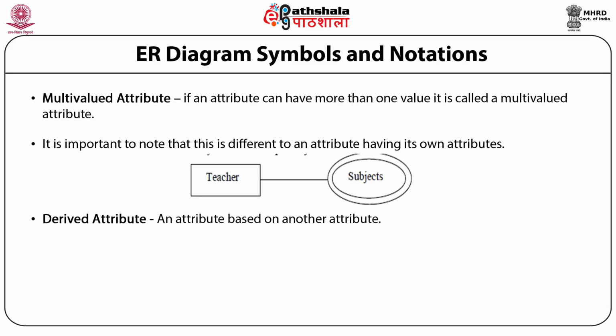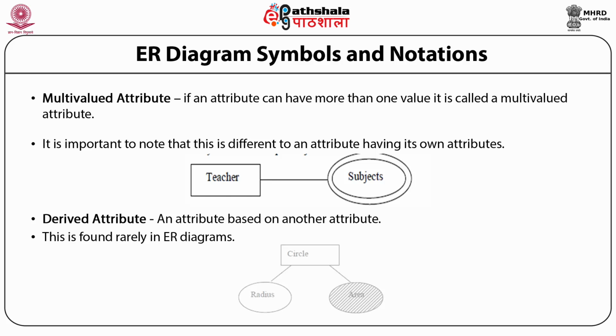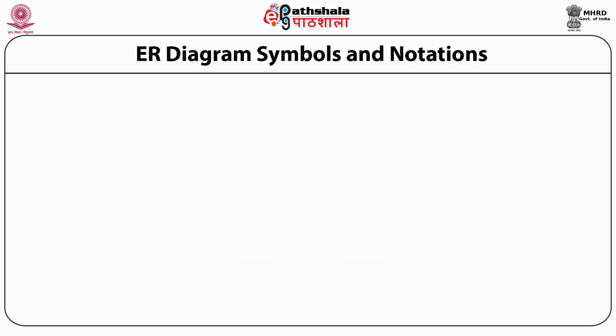The derived attribute, an attribute which is based on another attribute. However, this is found very rarely in the ER diagrams. So what we see here is, say an entity named circle can have a derived attribute which could be the radius or the area. The derived attribute is represented by the area.